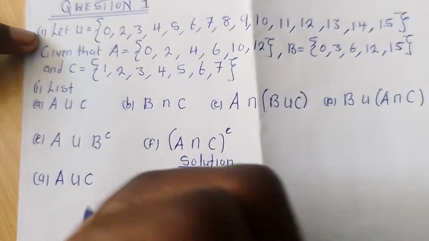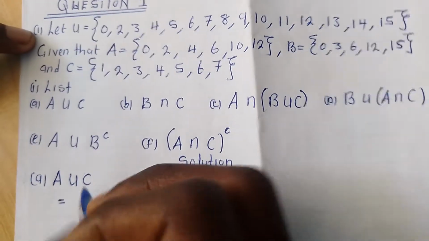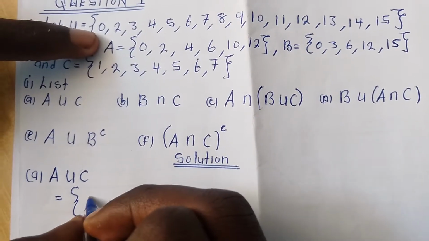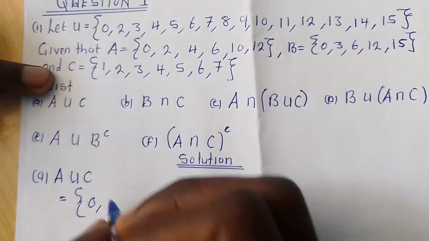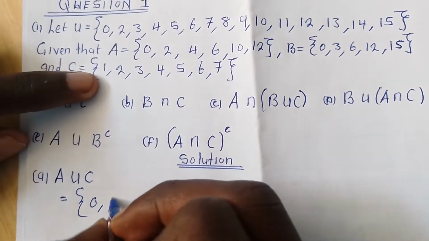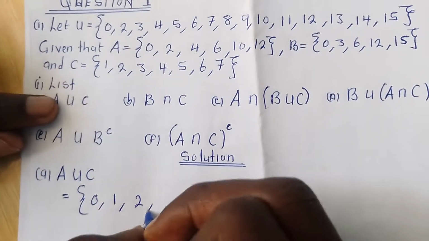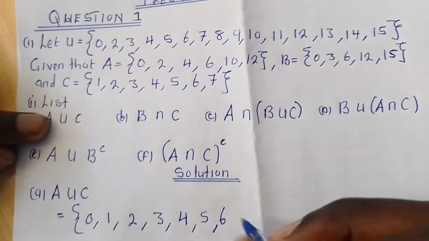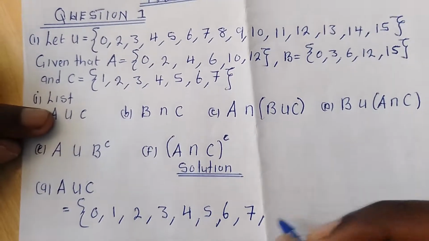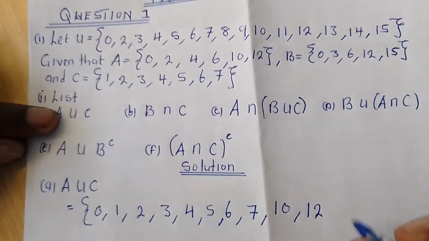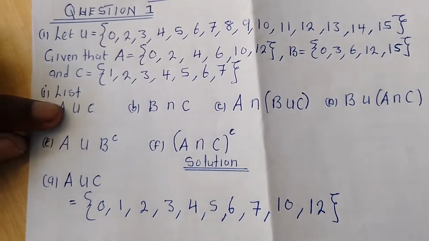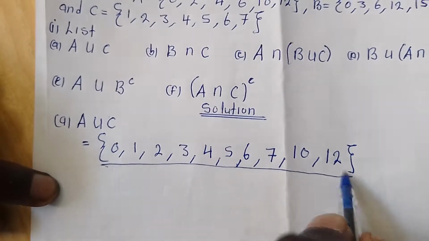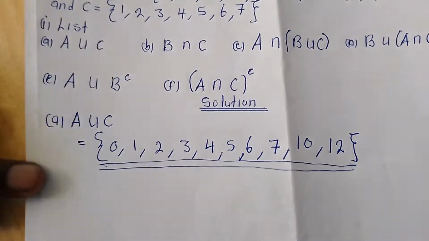So A union C is going to equal whatever is in A. So we'll start with 0, comma, we have 1 in C, we have 2, 3, 4, 5, 6, 7, 10, then we have 12. We have simply listed A union C.